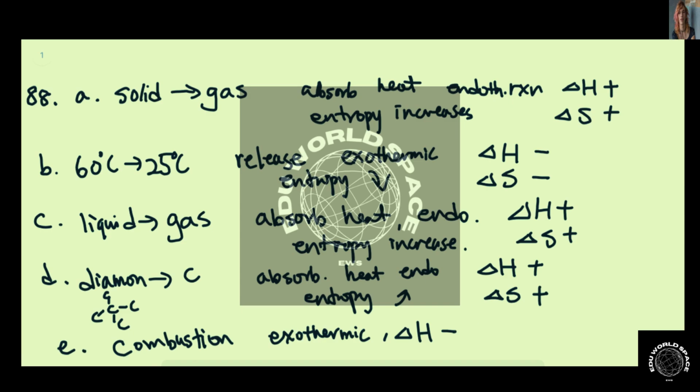Also, in the combustion, initially it has a solid, and after the combustion you are forming gas CO2 and liquid water. So the degrees of freedom have increased. As a result, you will have a delta S positive number.